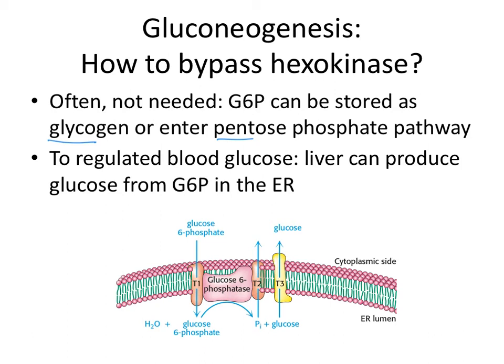However, if we really need to be regulating blood glucose levels, we do have to produce unphosphorylated glucose for it to be in the blood. And the liver can produce glucose from G6P in the endoplasmic reticulum. So glucose 6-phosphate enters the endoplasmic reticulum. It's converted by glucose 6-phosphatase into glucose plus inorganic phosphate, and then this glucose can be released ultimately into the bloodstream.